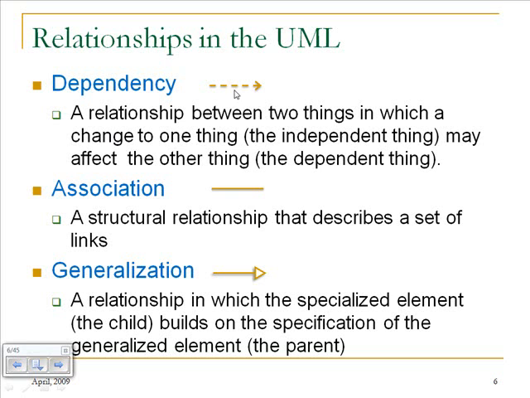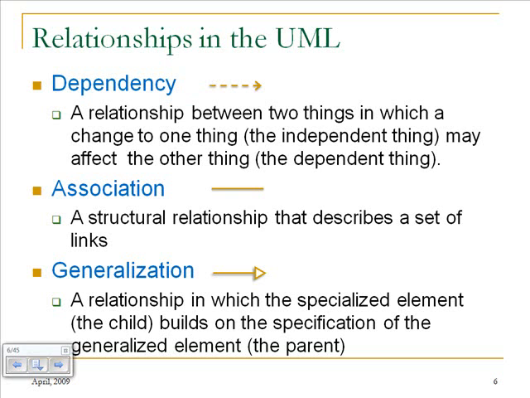When we have a digraph, which is a dashed arrow like this one, it represents a relationship between two things in which a change to one thing, which is the independent thing, may affect the other thing, which is the dependent thing. So the dependent thing is going to be on the right side of the arrow.